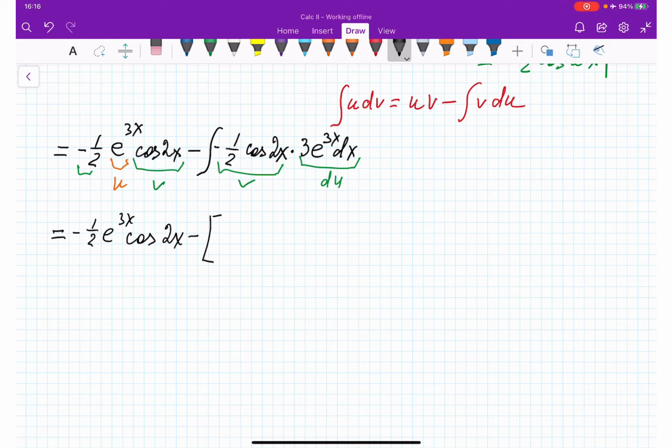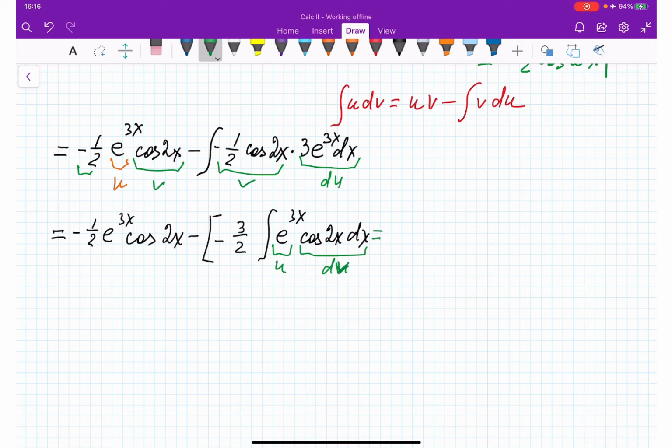I am going to have negative 3 over 2, taking the 3 and the 1/2 from under the integral, integral e to power 3x cosine 2x dx. Okay, so what is going to be my u? What is going to be my dv? This is my u, and this is my dv.